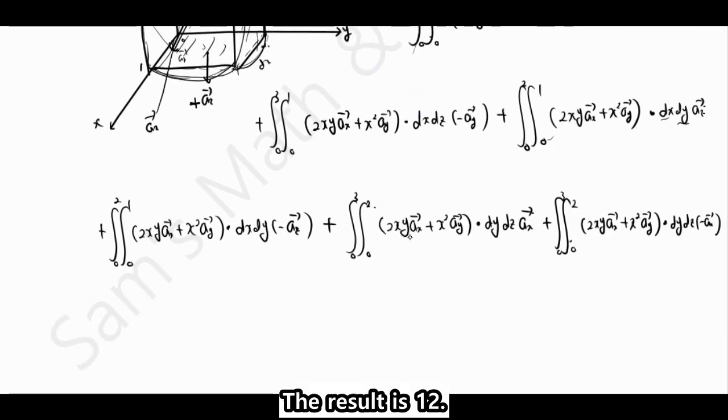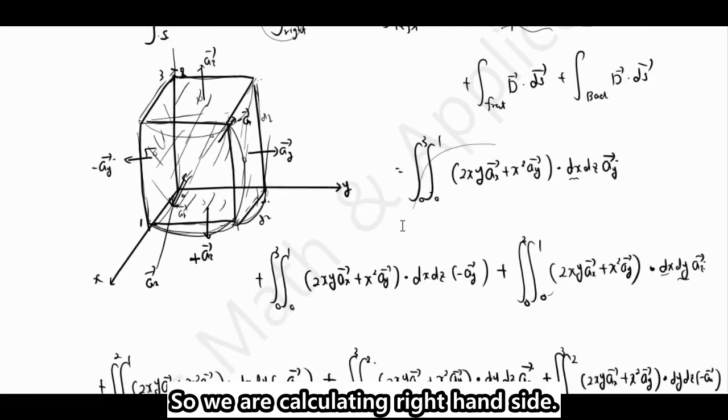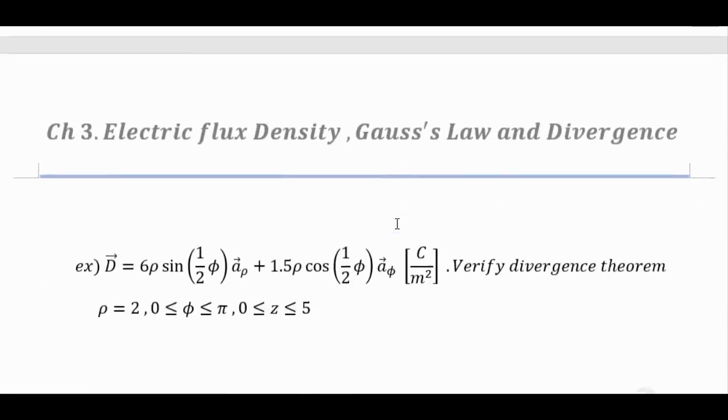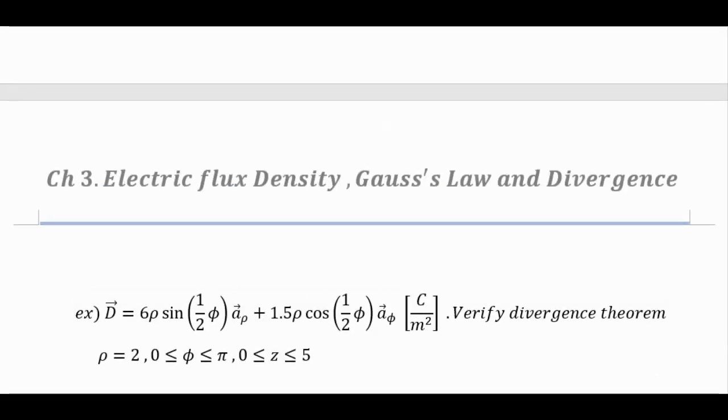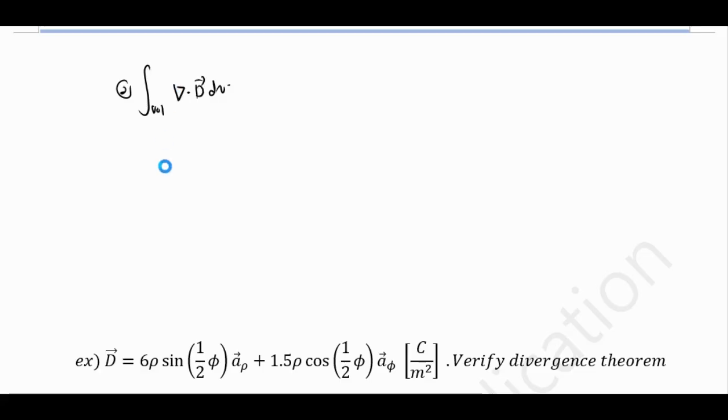The result is just 12. The unit is coulomb. This is the electric flux. So we are calculating the right hand side. Right hand side is the volume integral of divergence of D vector dv. I omit dv.